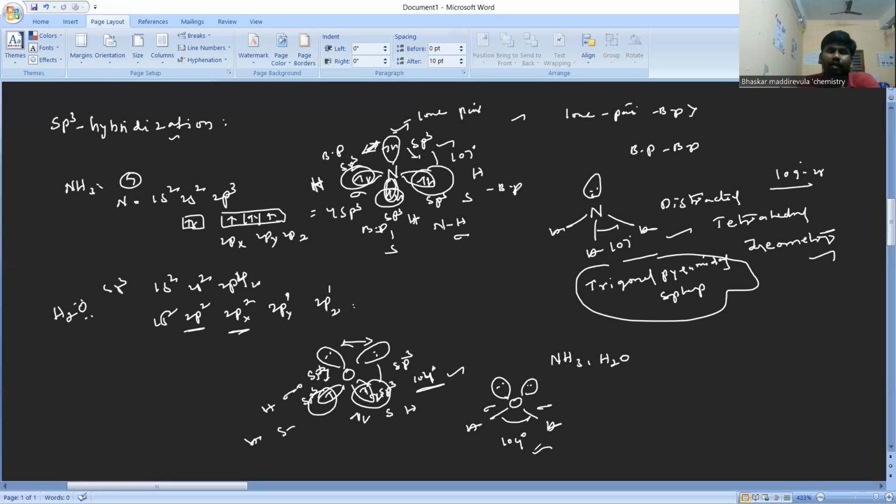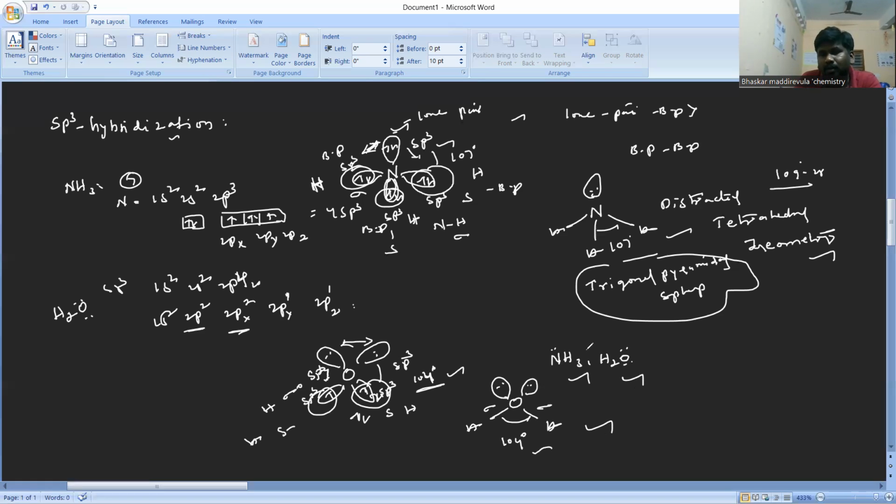So this is the way. Though the central atom in the molecule possesses sp3 hybridization, due to the presence of lone pairs on the central atom, the tetrahedral geometry is distorted, giving a distorted tetrahedral geometry. This is the reason why the molecules of ammonia and water have distorted tetrahedral geometry.